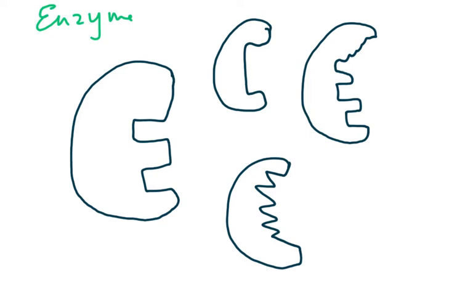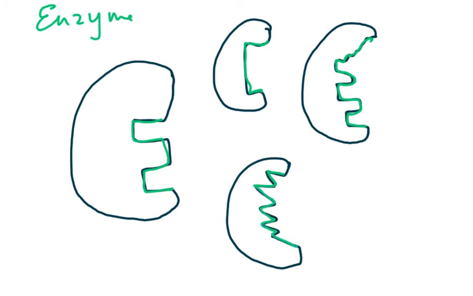Now here you can see there are four different enzymes. What is different about them is, number one, they all have different shapes of the active site. The active site of this one is here. This is the depression or the cleft in it. Here, this is the depression or the cleft in it. Here we have the depression or the cleft in it. And here, this is the depression or the cleft in it.